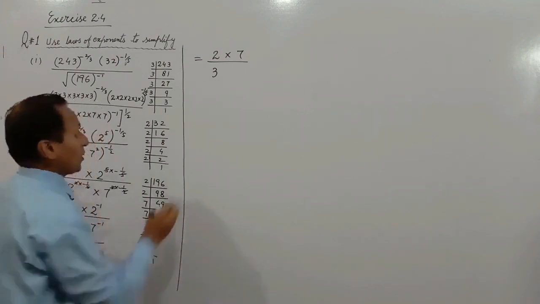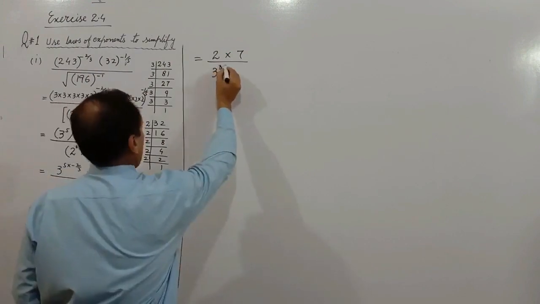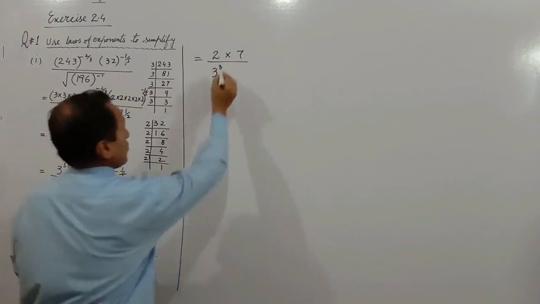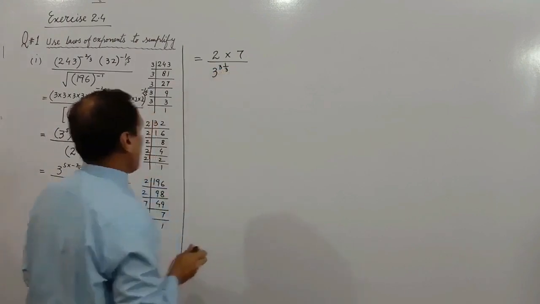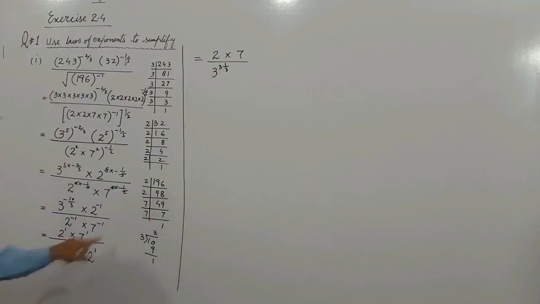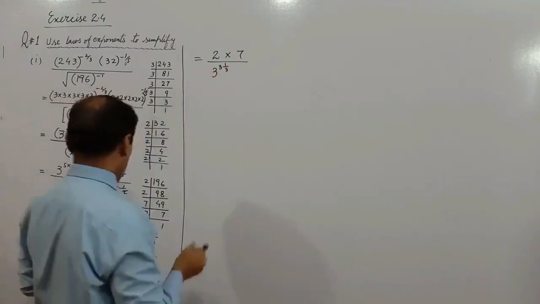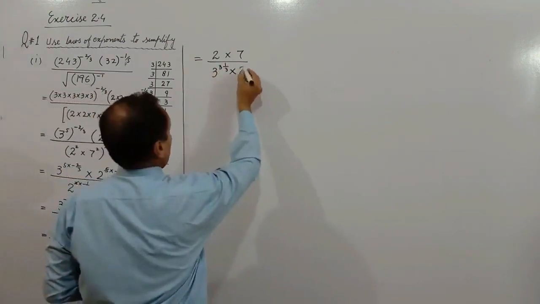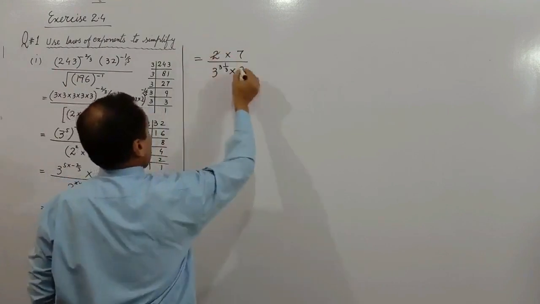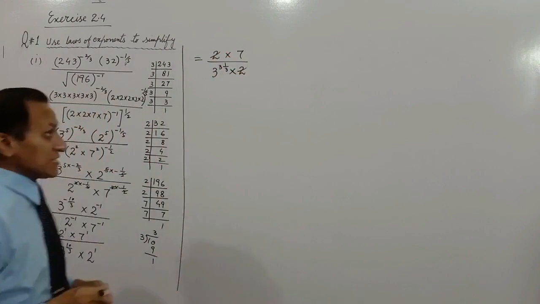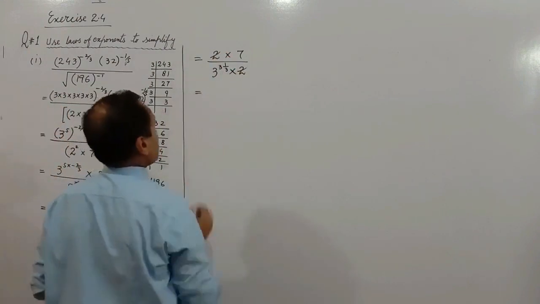So we have 3 as the whole number, with 1 as the numerator and 3 as the denominator. So now 10 by 3 will become 3 and 1 by 3, multiply 2. We have the same numbers in the numerator and denominator, like values we can cancel. Let's move to the next step.